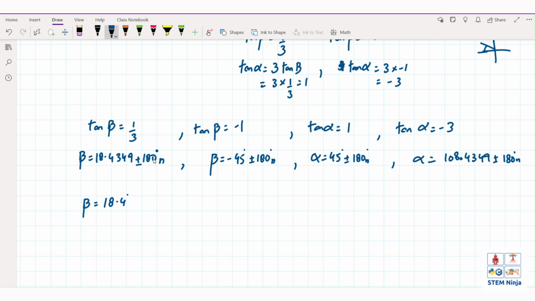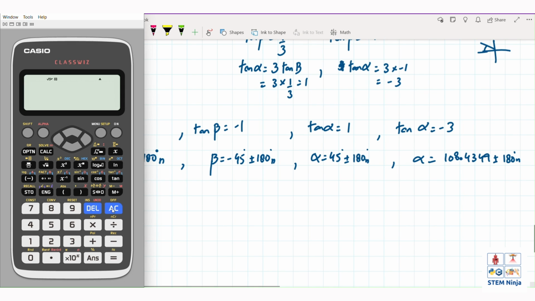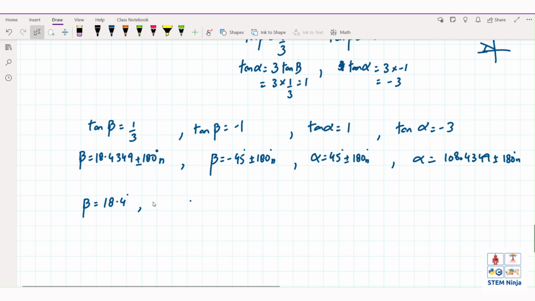But when we do minus 180, it will go beyond the range, so we don't need that. This one, on the other hand, minus 45 plus 180 will give us 135. So that is an acceptable solution.